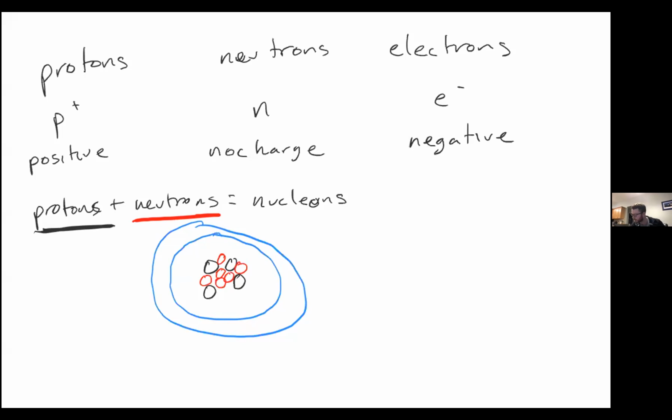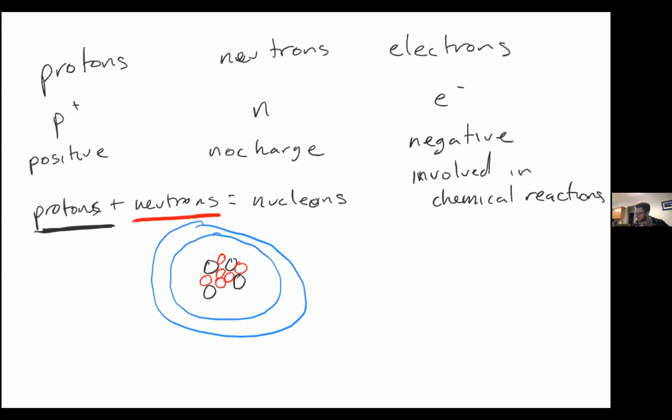So electrons are on the outside. Remember, electrons are involved in chemical reactions, and the valence electrons are particularly important for that.